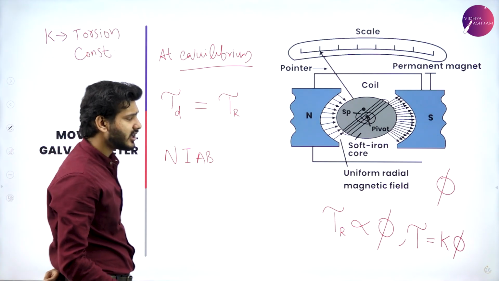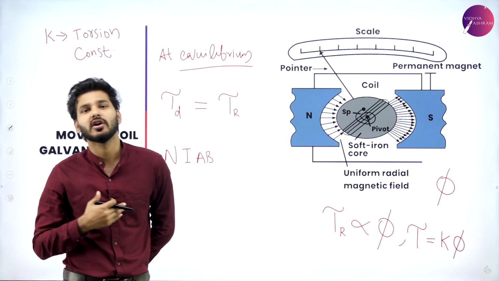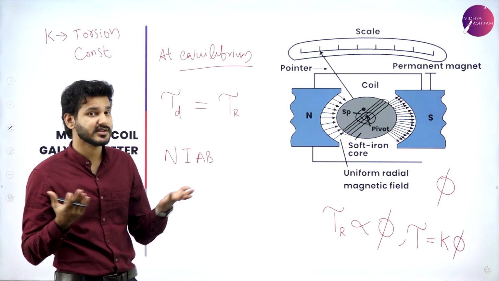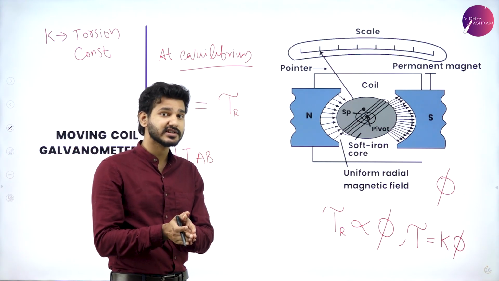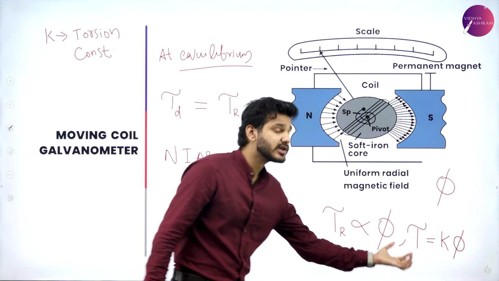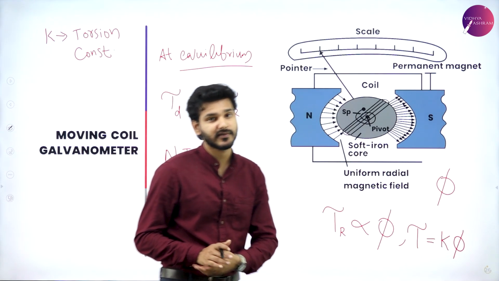You don't have to worry too much about the torsion constant. You don't have to understand or evaluate how that came into place, because it's just a mathematical constant. The thing you have to worry about is that restoring torque is equal to k phi, where k is the torsion constant and phi is the angle of deflection.